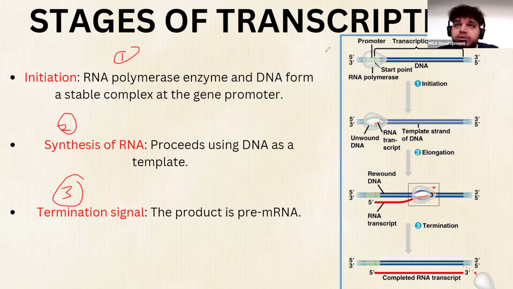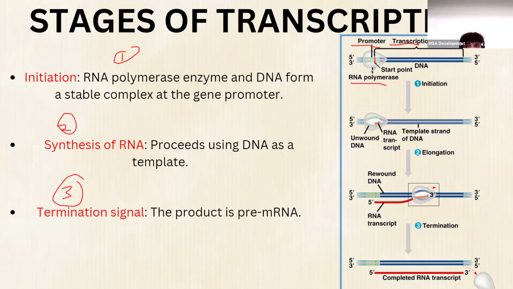We're going to look at the picture right now. You have the promoter region. We said promoter is where transcription factors will bind. After that, the RNA polymerase will bind to the DNA. When it reads the start point of transcription, it will start transcribing.